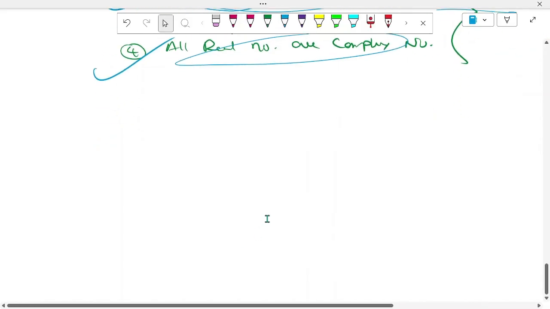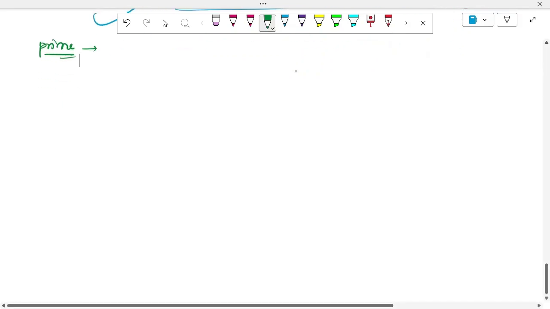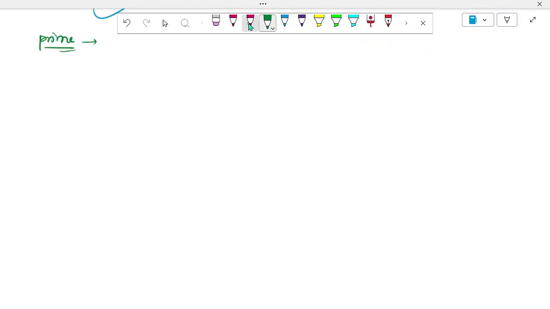And one more concept, prime numbers. I have already taught this in the first class itself. You need to know what prime numbers are. I'll just revise once.